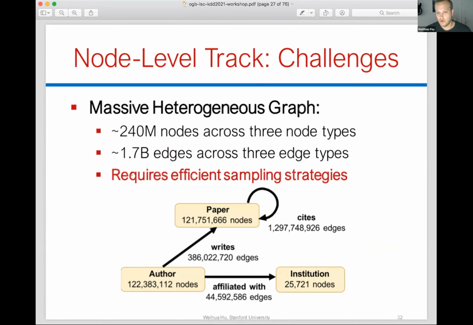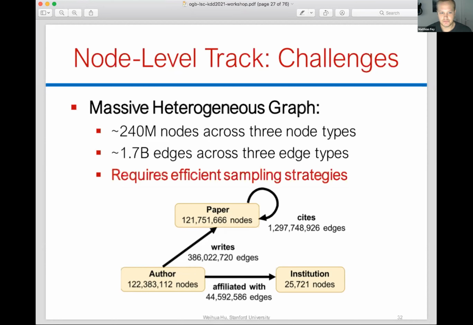Overall, we have about 1.7 billion edges across these node types and edge types. For edge types, we, for example, have relations that connect paper to paper nodes, where the meaning is that a paper cites another paper. We have author to paper edges, meaning that an author writes a specific paper. And we have author to institution edges, meaning that an author is affiliated with a specific institution.